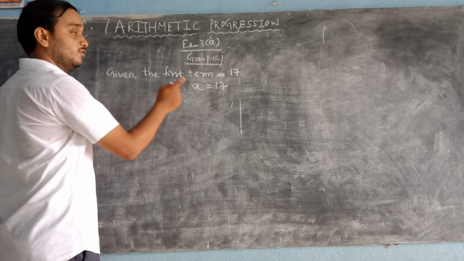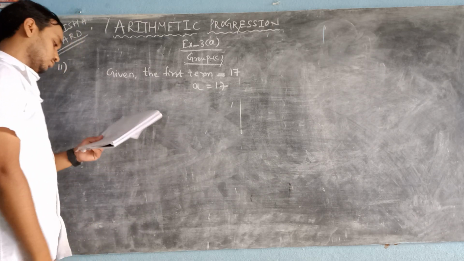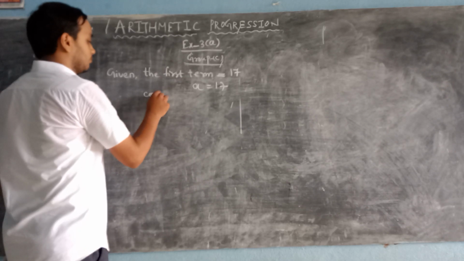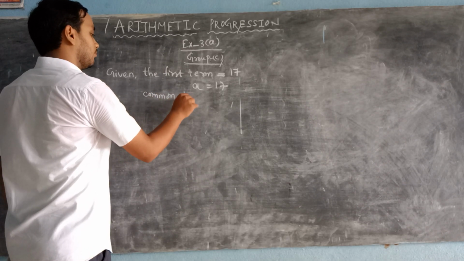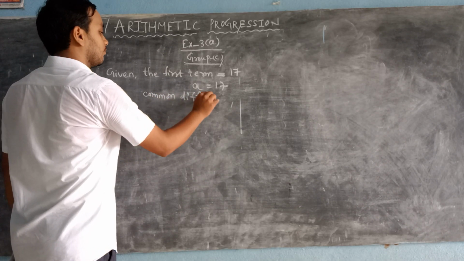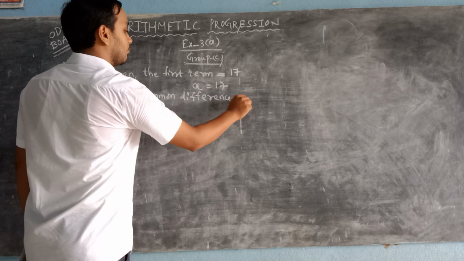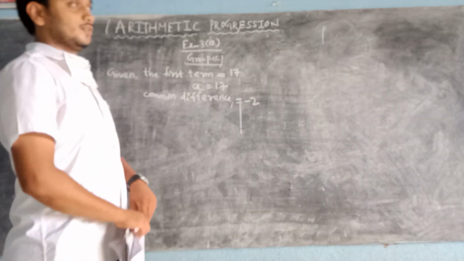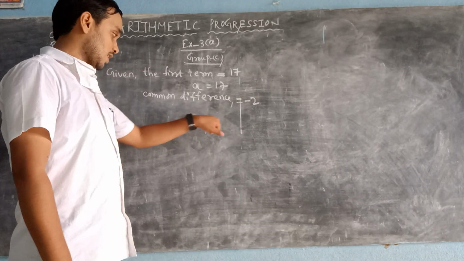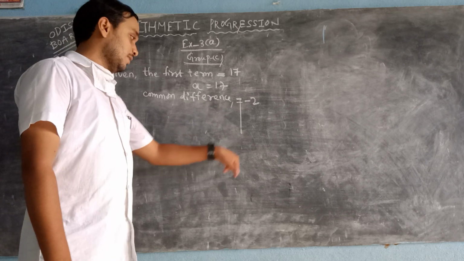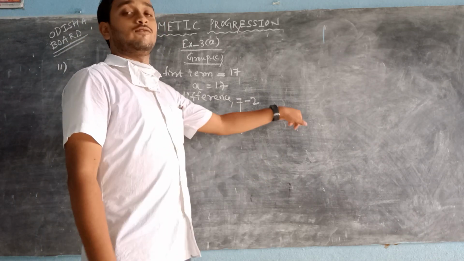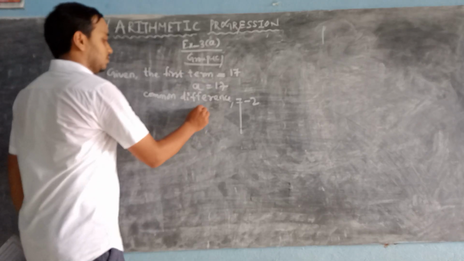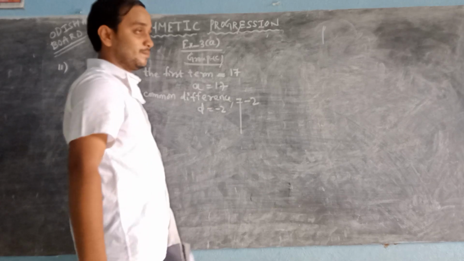Here a is the first term of the series and the common difference is -2. Common difference -2 means the difference between the first term and the second term, the third term and the fourth term. The difference of each term is denoted by d, so d is equal to -2.